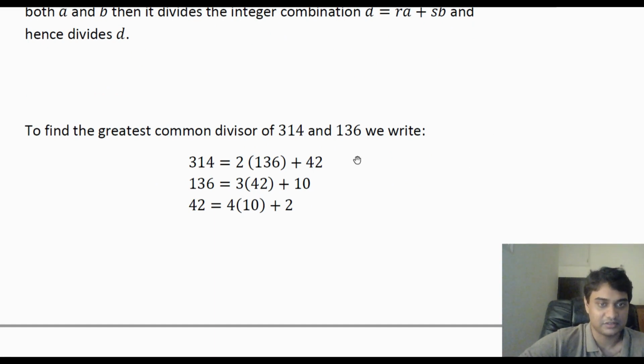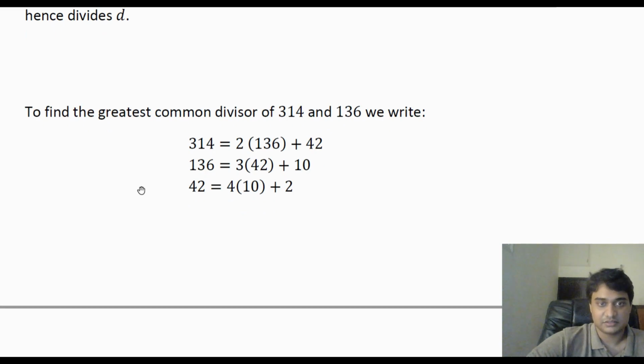So we write it as 2 times 136 plus 42, and then we divide 136 by 42 and write it in the same form. So 136 is 3 times 42 plus 10, and again for 42, divide it by 10. So 42 equals 4 times 10 plus 2. So why are we writing this? There is a reason for this.